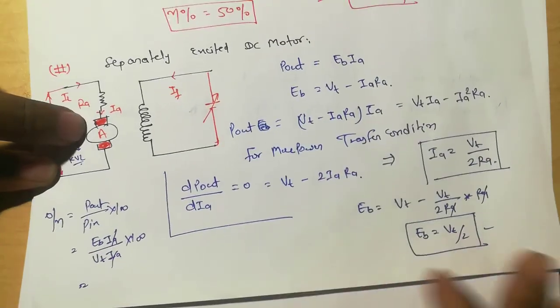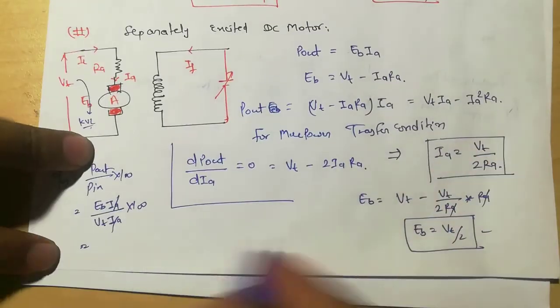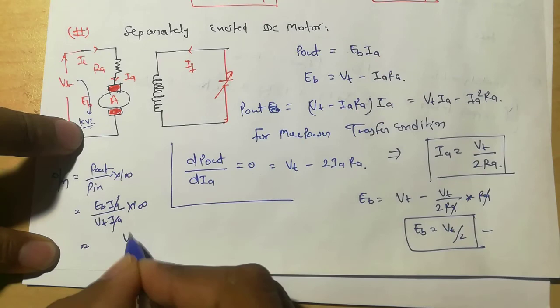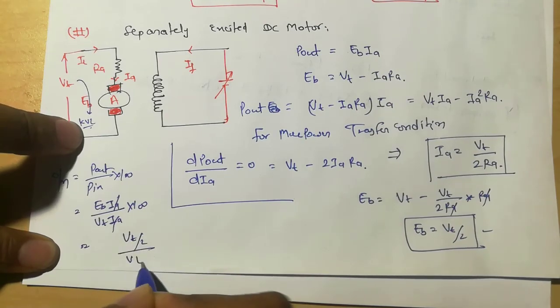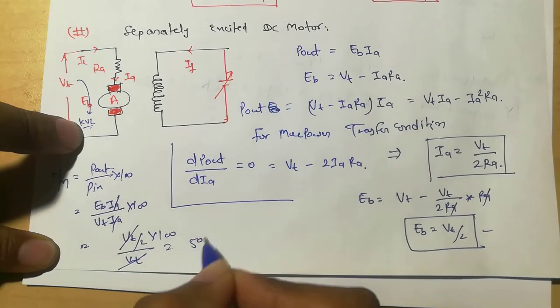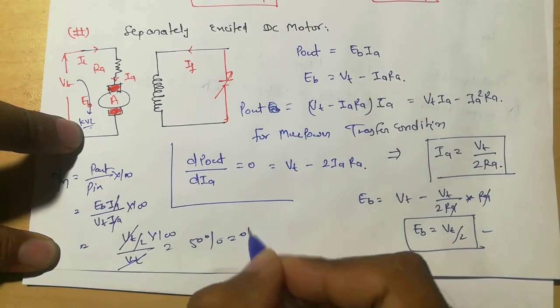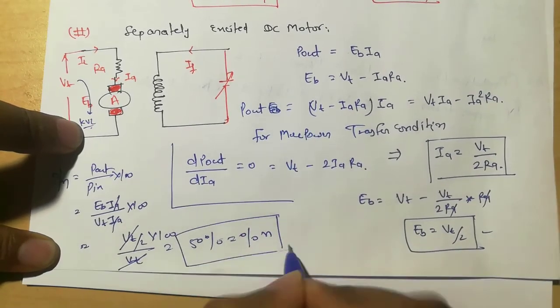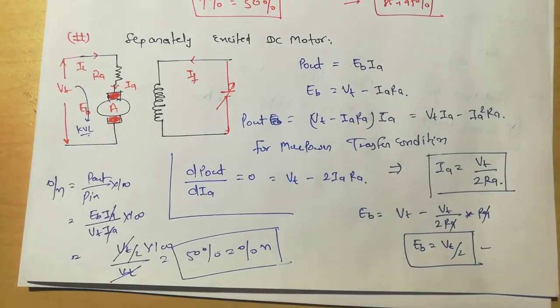The value of EB is VT by 2 upon VT. The VT and VT cancel out, then we have a value of 50%, which is exactly the same as in the DC separately excited generator. So in the case of a motor or a generator, we have the same efficiency of 50% at the maximum power transfer condition in the DC machine.